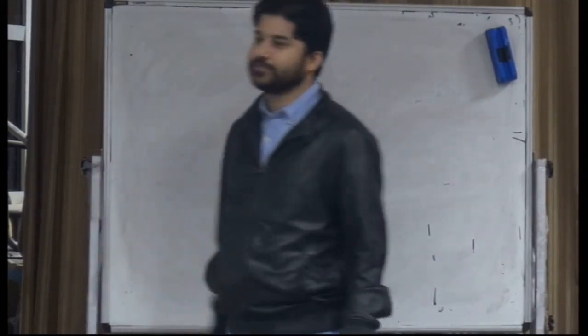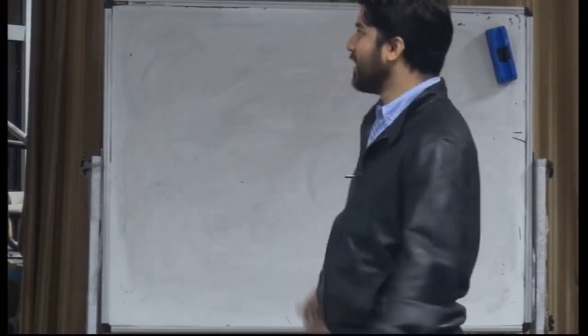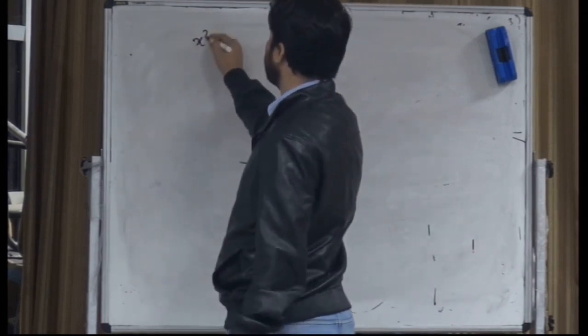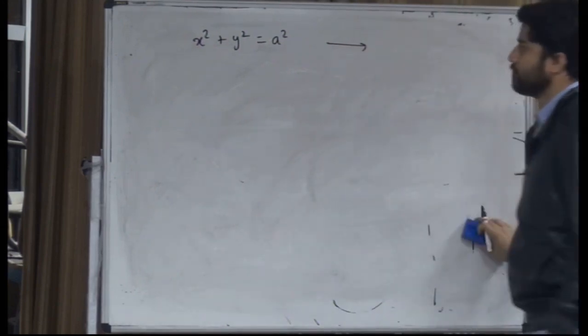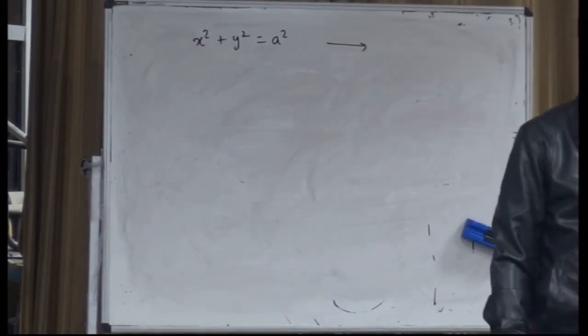Okay, let's try to find the director circle. Director circle होता क्या है? अच्छा, what is the director circle of this? क्या होता है इसका director circle? What is the definition of director circle?